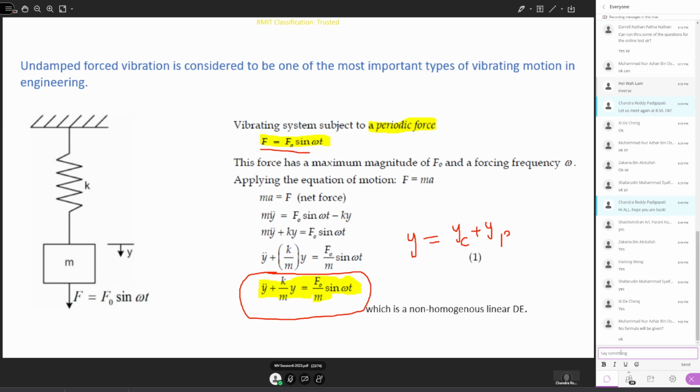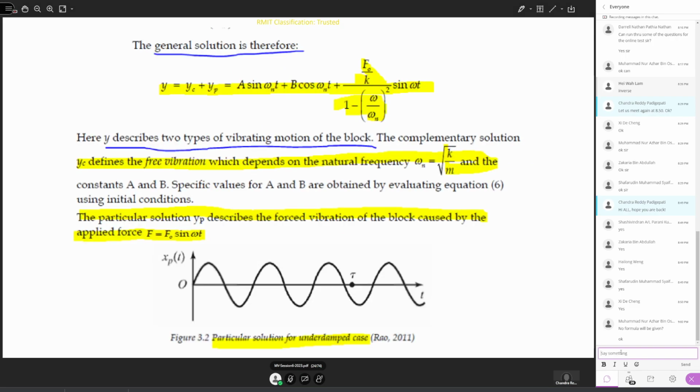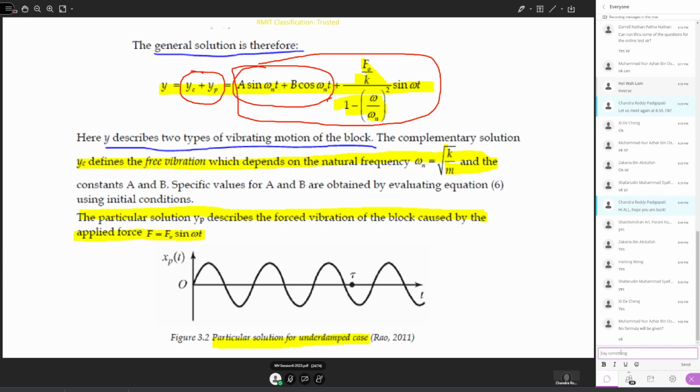So there are two forms of this solution, the particular solution and the complementary function. You can write the complete solution for this in this form. Here yc we are writing in Cartesian form, A sine omega n t plus B cos omega n t. The other part of the solution is coming from the particular solution yp.